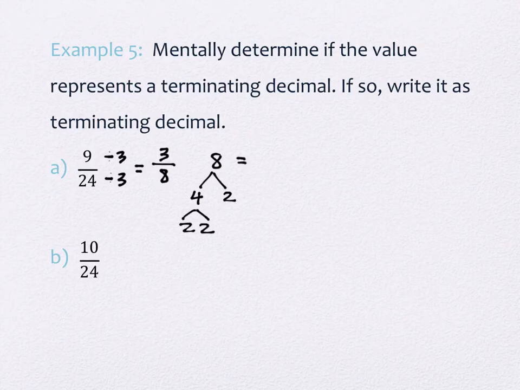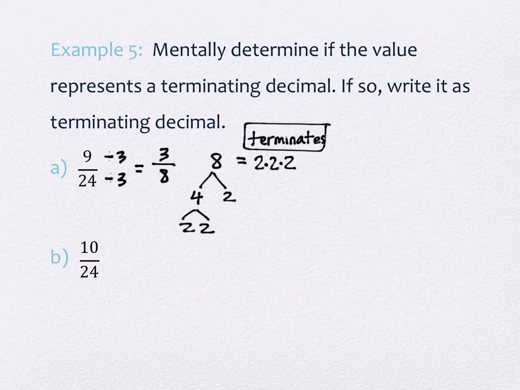So 8 is actually 2 times 2 times 2. Does that factorization contain anything other than 2s and or 5s? Nope. And because it's only 2s, or even if it had 5s in it, that would be okay, but 2s or 5s, it means it terminates. So what this is telling us is that this is a terminating decimal.